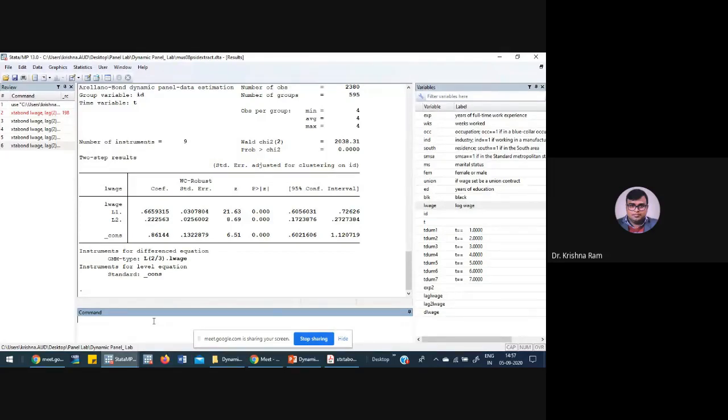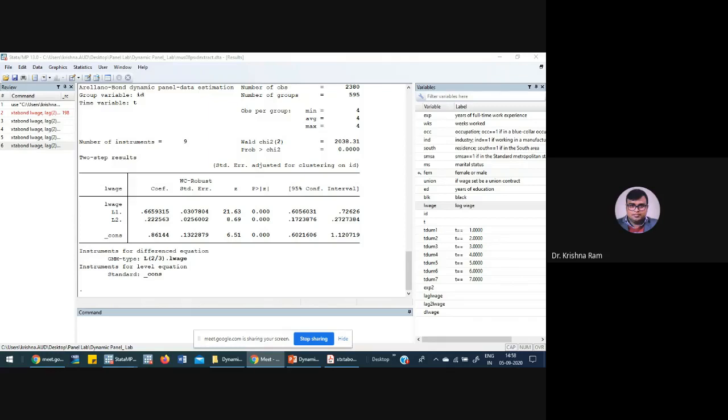Nowadays there is a command which automatically generates the optimum lag length of dependent or independent variables. That helps a lot, but ultimately the basic theory remains the same. We use AIC and BIC criteria for determining the optimum lag length.